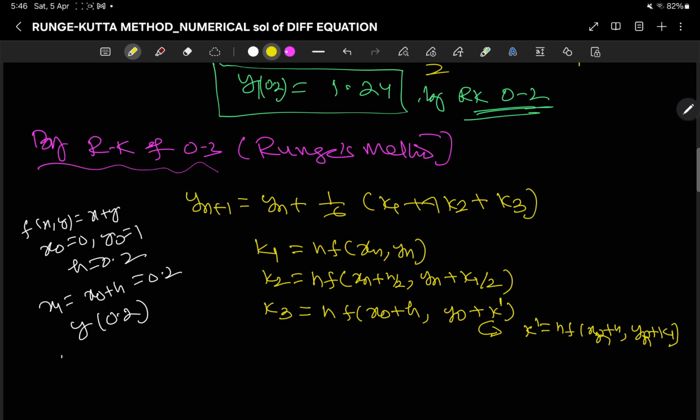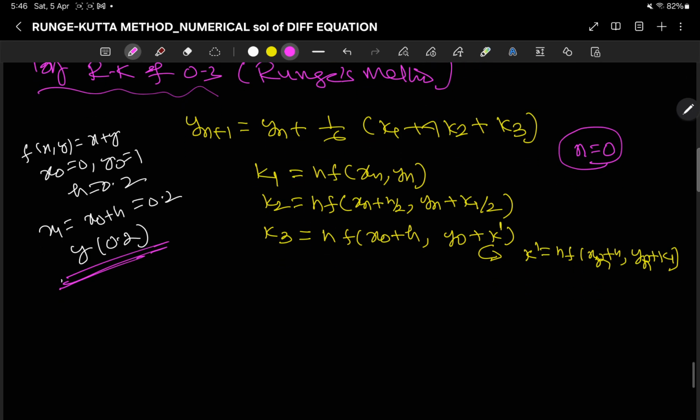And as we need the result in one step, here n is equal to 0 only. Okay, n is equal to 0 only. So now what is my k1? My k1 is h f(x0, y0).